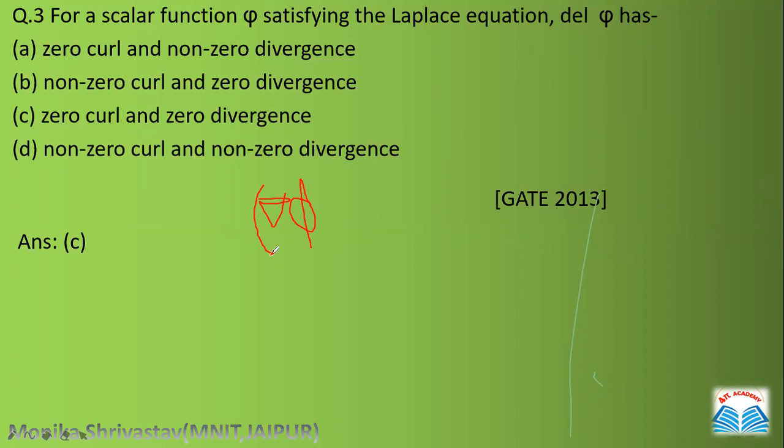If phi follows the Laplace equation, then del 2 phi should be equal to 0. So to get del 2 phi equal to 0, we apply divergence. So it will have a zero divergence.